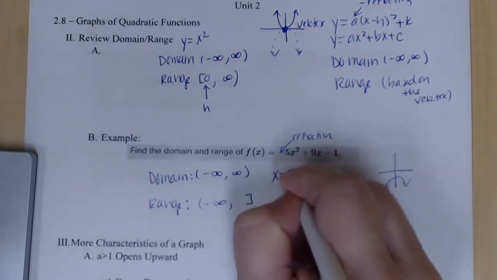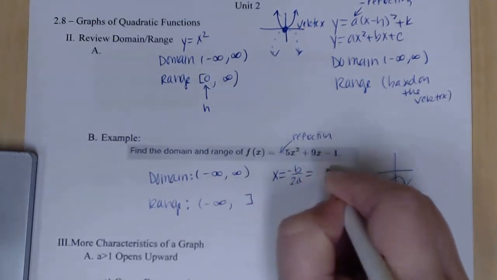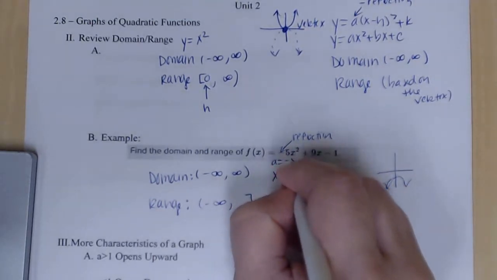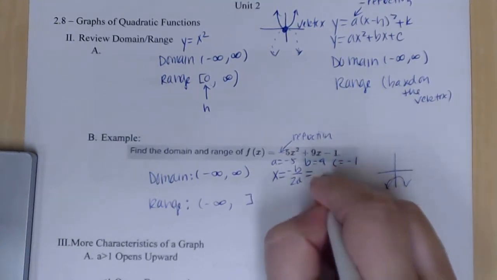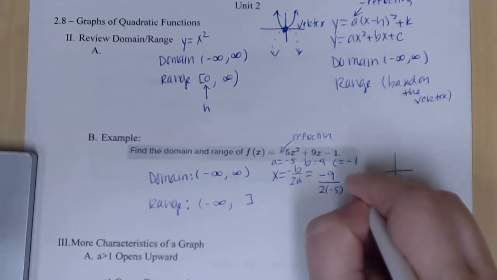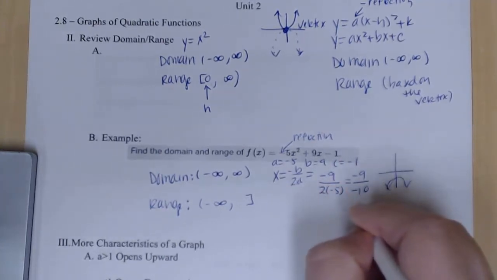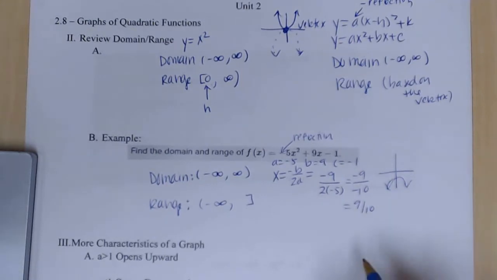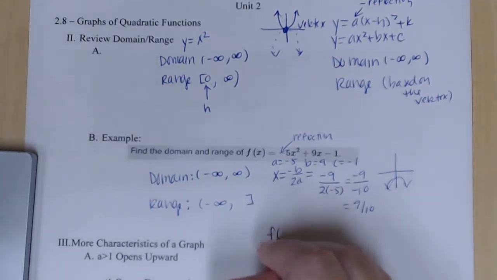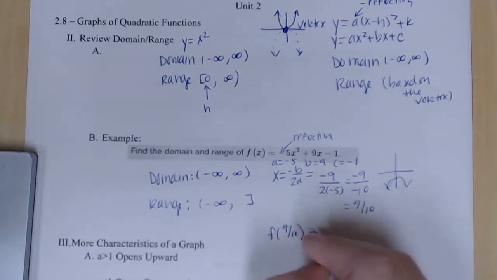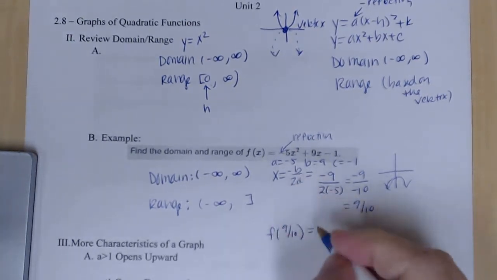So I start with my x, negative b over 2a. Let's see, a is negative 5, b is 9, c is negative 1. So it would be negative 9 over 2 times negative 5, which gives me negative 9 over negative 10, so 9 over 10. Now that's just where it's placed left to right. I have to do f of 9/10 in order to figure out the highest y value.